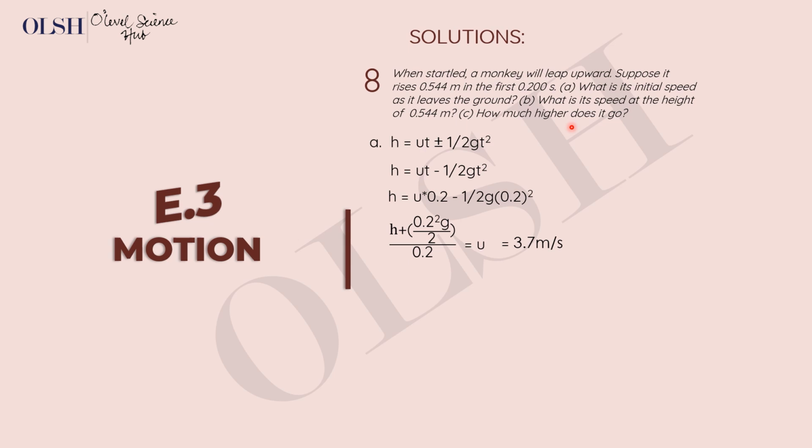So we can simply use this formula to find B: v squared equals u squared plus or minus 2gh.